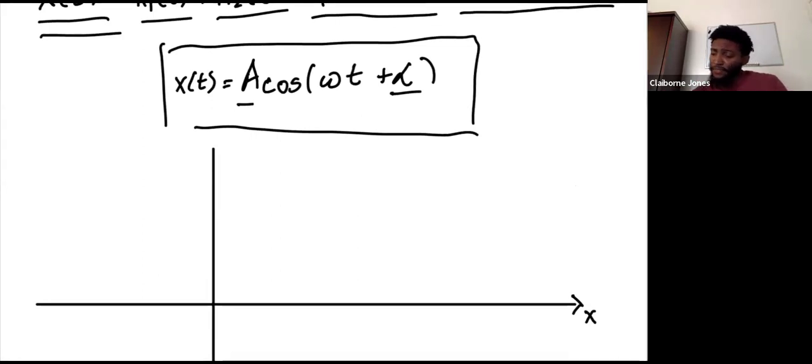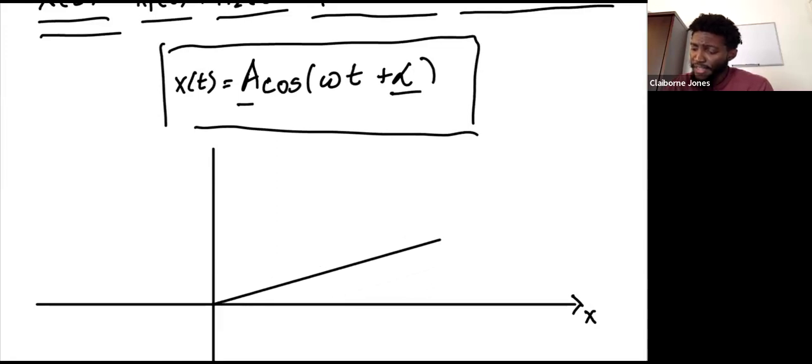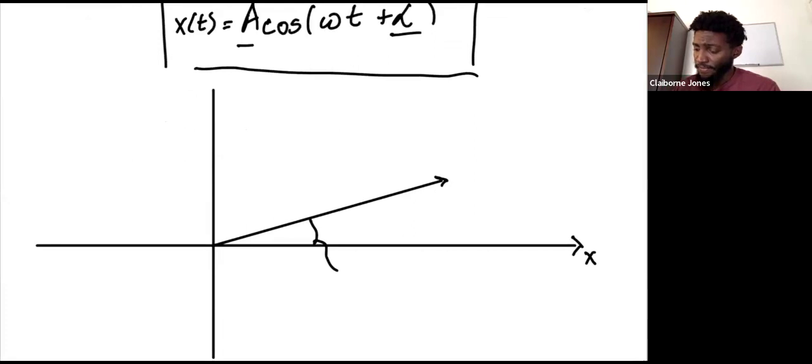And let's say we had some rotating vector that made some angle with the x-axis, omega t plus alpha 1. Hopefully that makes sense. Its length is A1. So this is our x1 vector.